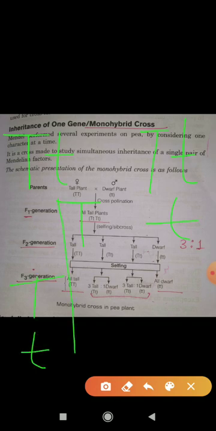This is the Punnett square. Clear? What will form? Capital T capital T, capital T small t. In the next part, capital T small t, small t small t.